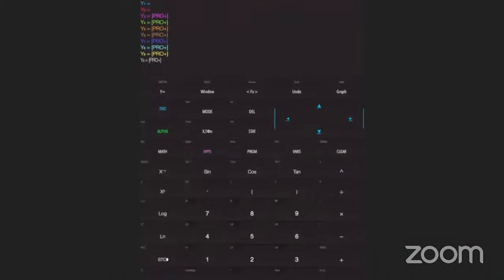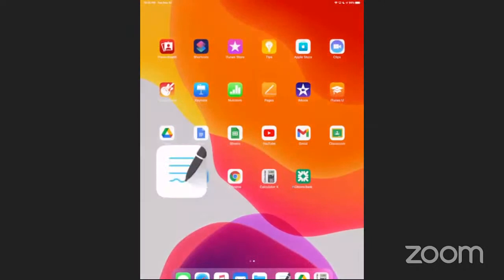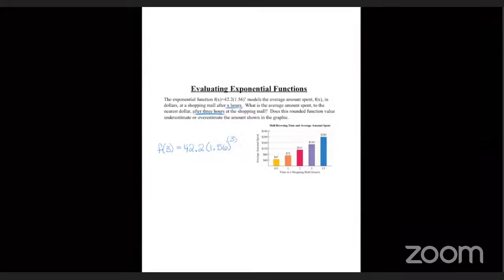Okay, and when I grab my calculator, let's type in 42.2 times 1.56, and then we're going to have to get our arrow exponent key, and we said we were going to raise that to the third, and we hit enter, and it looks like 160.2, and we're supposed to round to the nearest dollar, so $160.